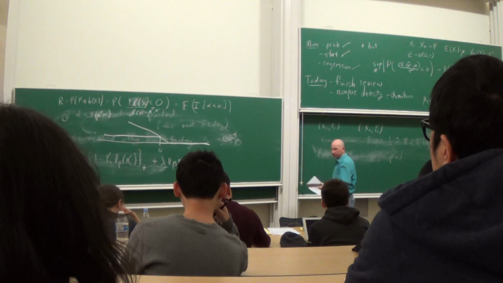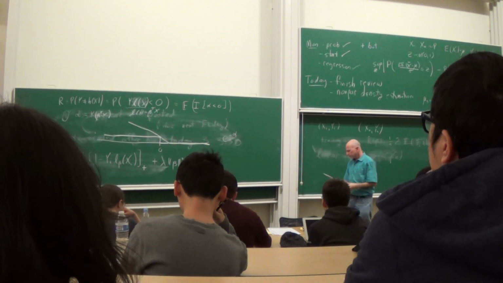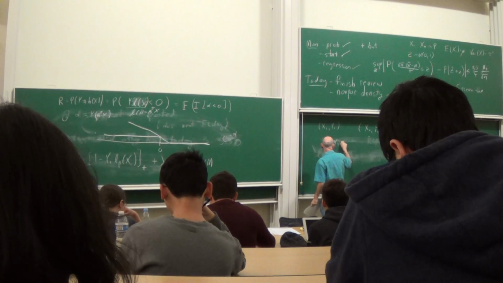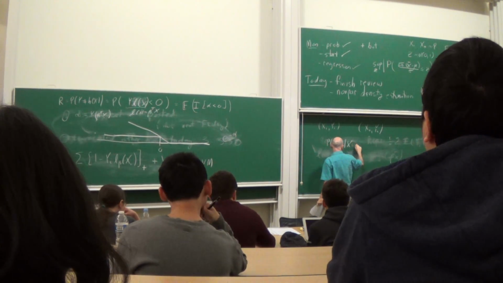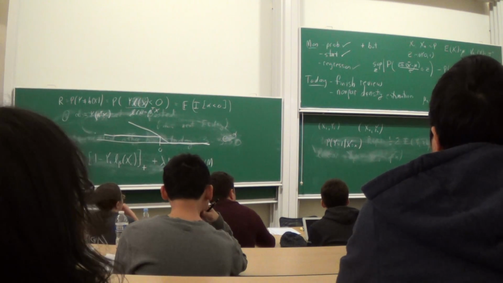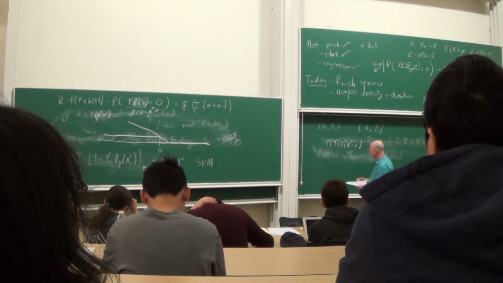So let me remind you about logistic regression. Logistic regression says, well, let's take the probability that y is equal to 1 given x. Just like in linear regression we picked a simple form for the regression function, here we try to pick a simple form.